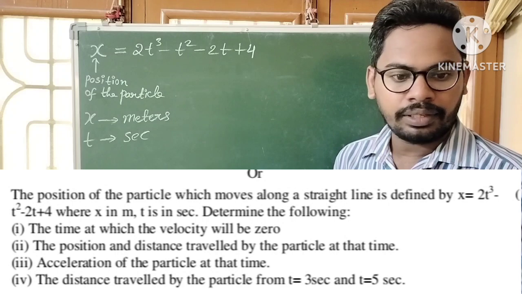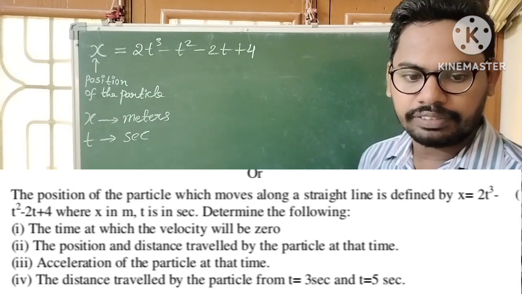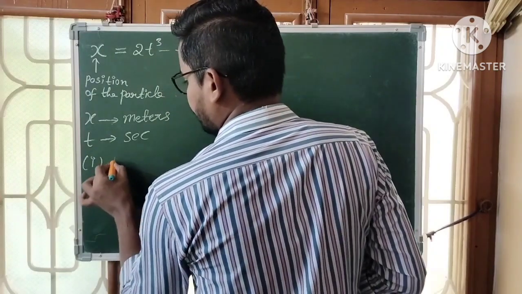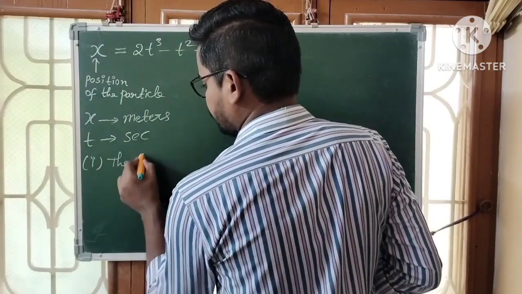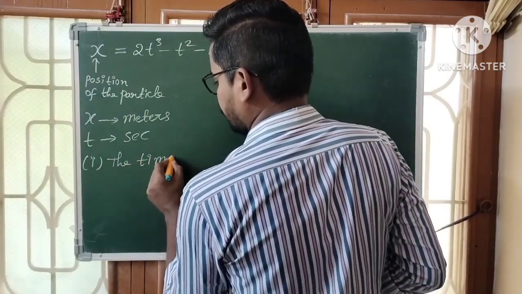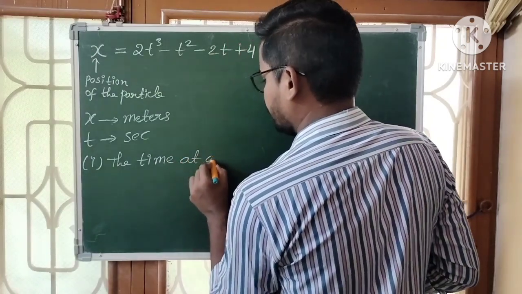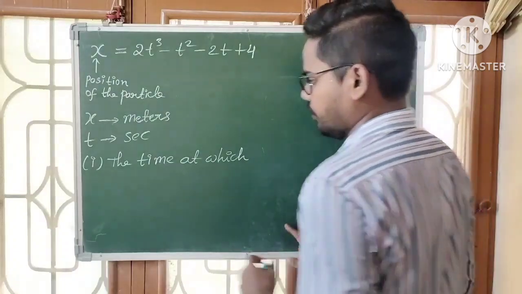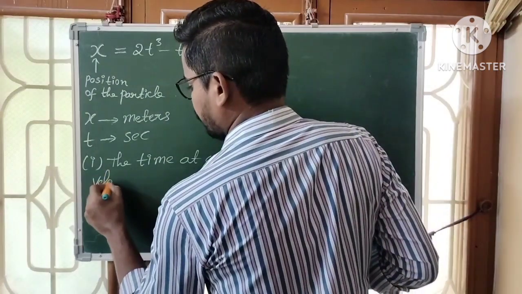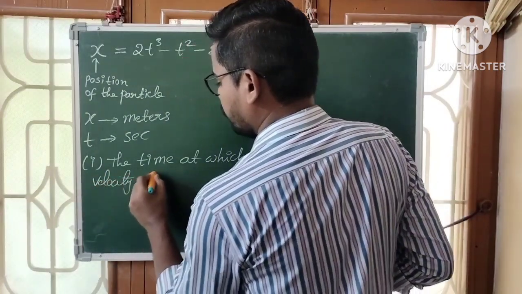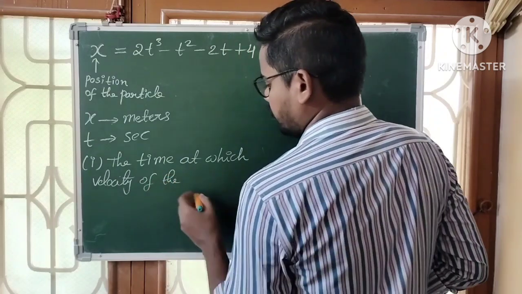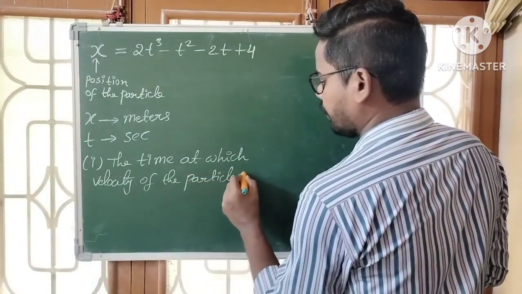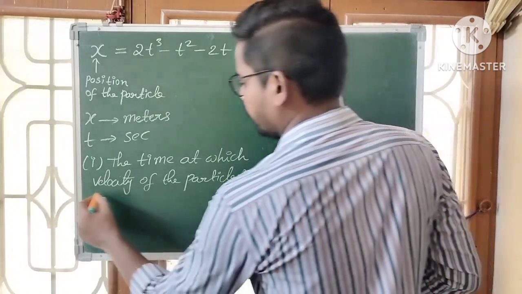Okay. So we have to find, first question, the time at which the velocity of the particle is 0.